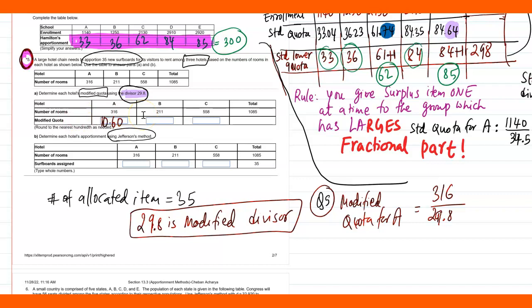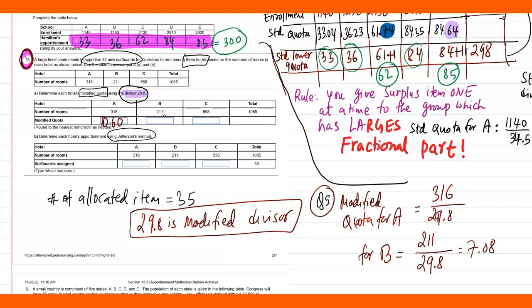Same for modified quota for B. How do you find it? What's the B population? 211 divided by modified divisor 29.8. Get 7.08.